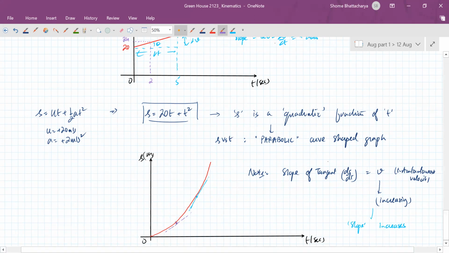So for example, you can see that displacement at 1 second is 21 meters. But the displacement at, let's say, 2 seconds is how much now? 44 meters.